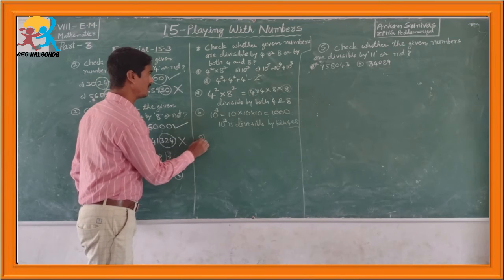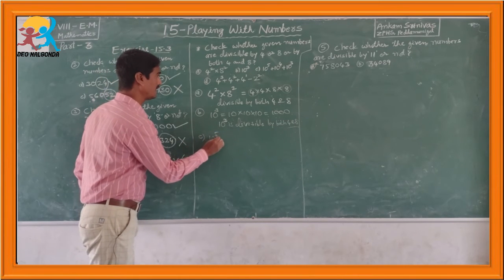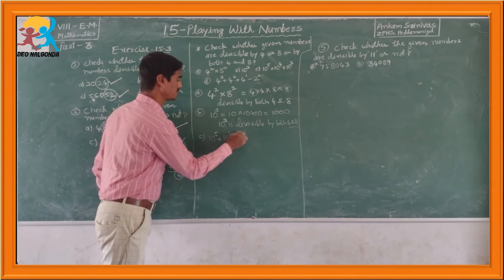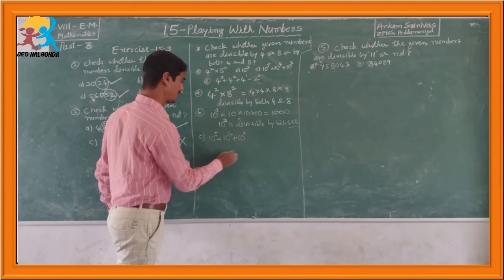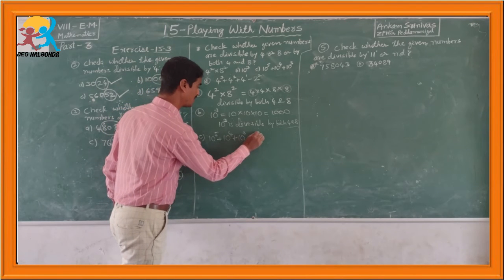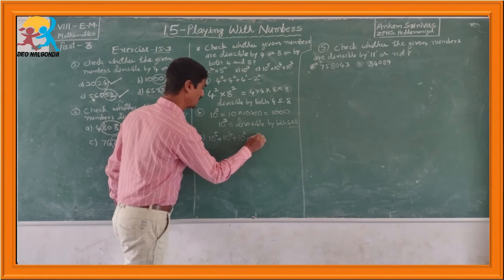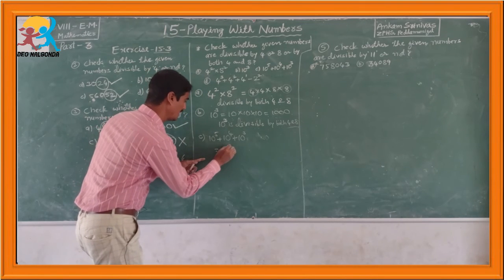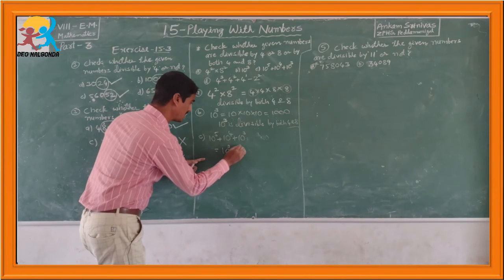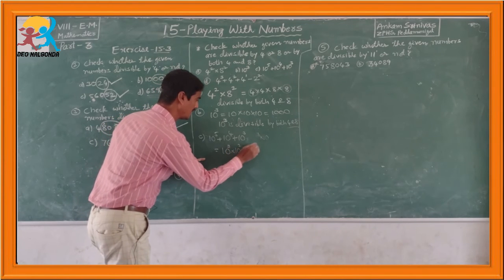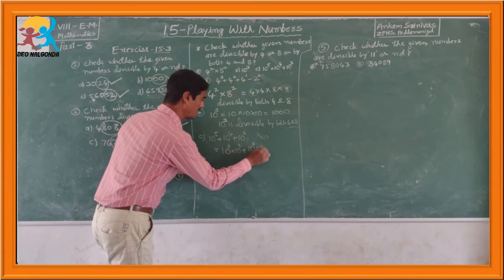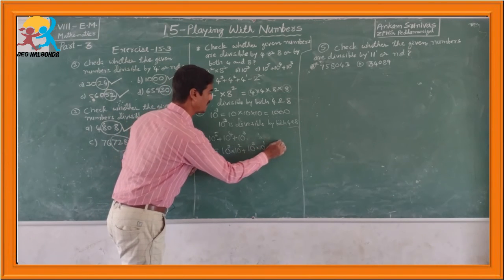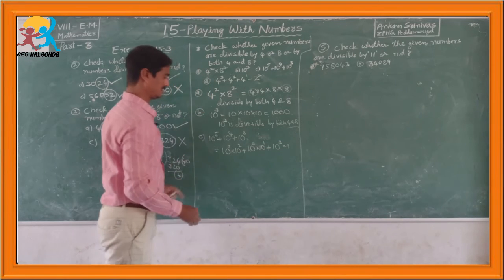Take the third one, 10 power 5, 10 to the power of 4, 10 cube. I am going to write this as 10 square into 10 cube into 10 square, plus 10 cube into 10 power 1, plus 10 power 3 into 1.